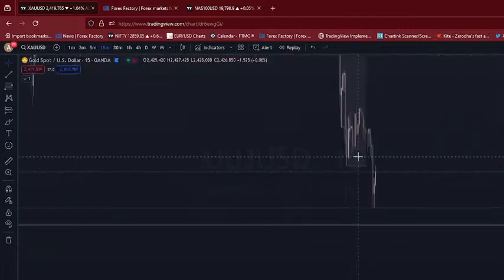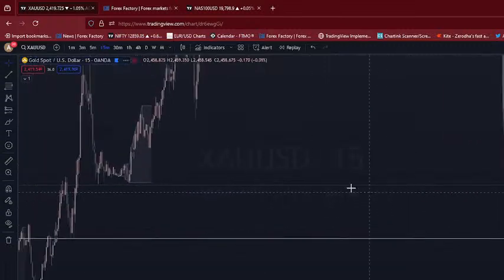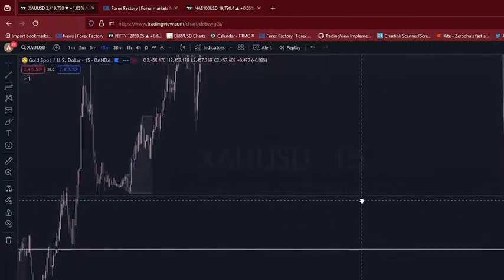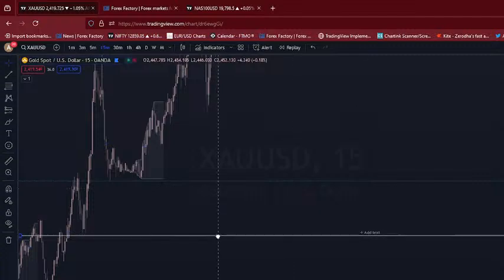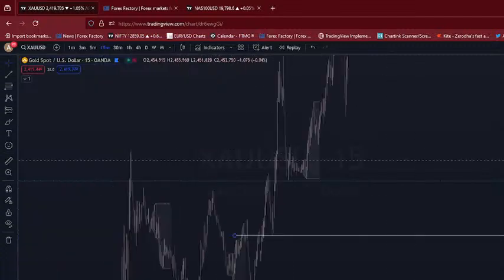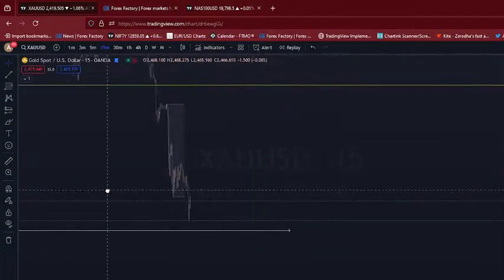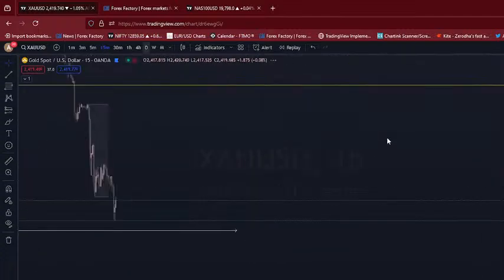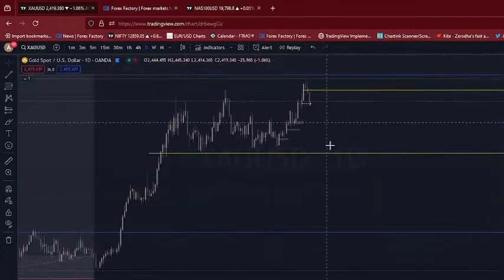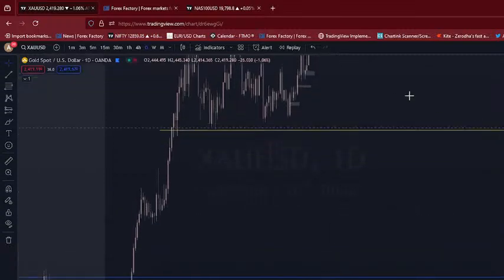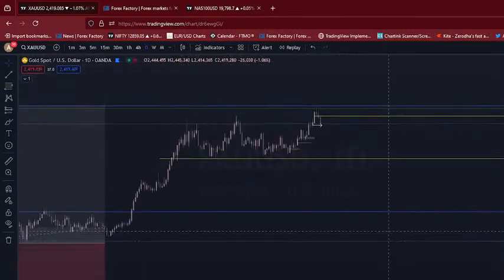I need to see some action here on the buy side, or else we are looking at the sell side scenario, because the 4 hour chart is dropping like crazy. Even on the daily chart, you can see, holy moly, daily is a killer, guys.